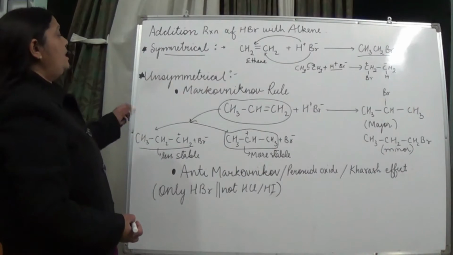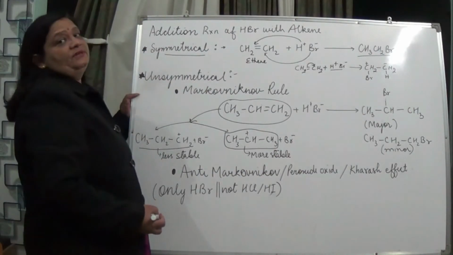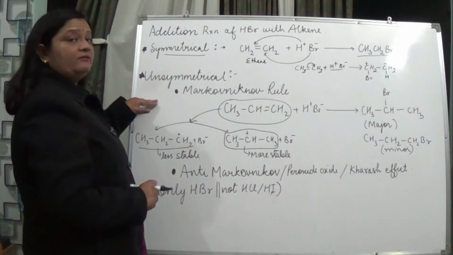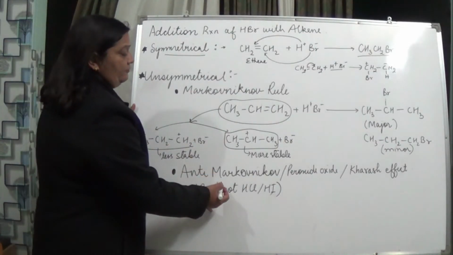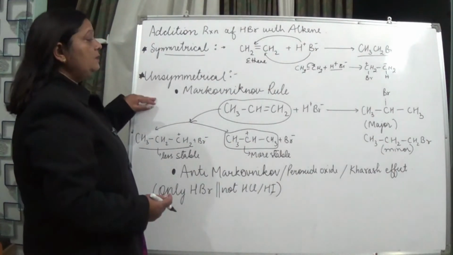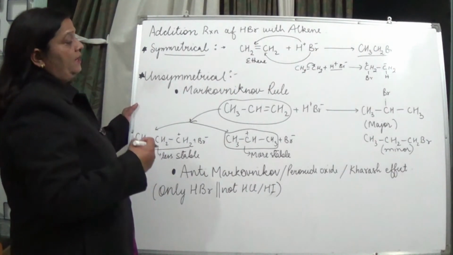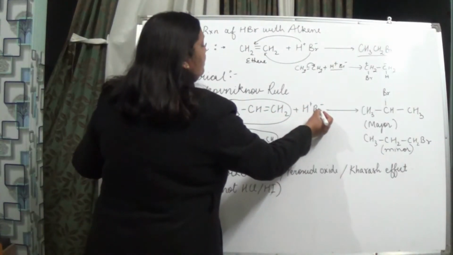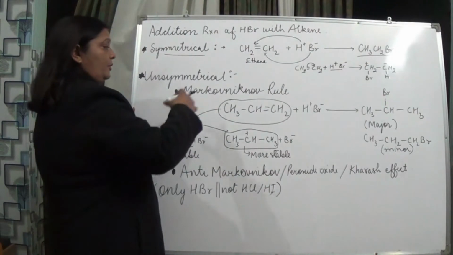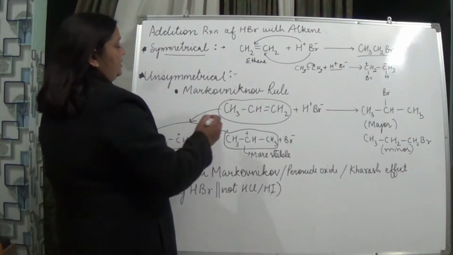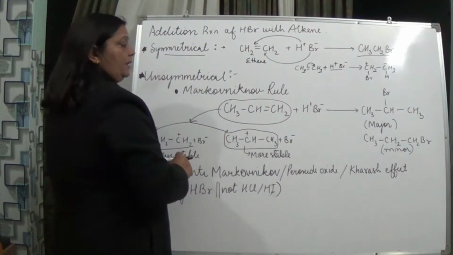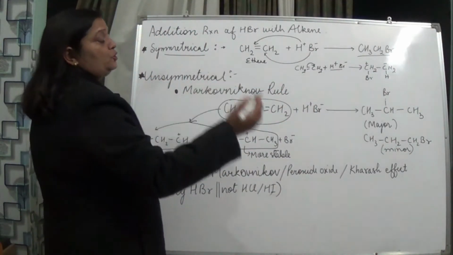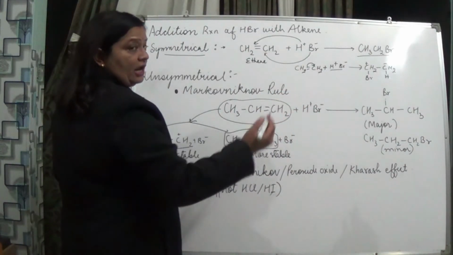Now when we take an unsymmetrical alkene, two rules work: the Markovnikov rule and the anti-Markovnikov rule. When we talk about the Markovnikov rule, chloride, bromide and iodide can all be there. For an unsymmetrical alkene, we take propene, which reacts with hydrogen bromide, and two products are formed, one major and one minor.